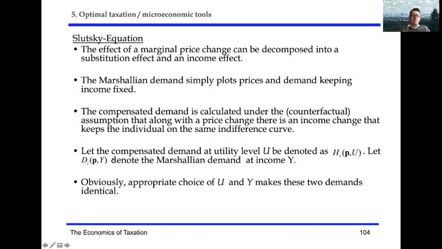And then the Marshallian demand is a demand that depends on p, the price vector, and on the income level y. Now we can appropriately choose U and y in such a way that these two demands are identical.